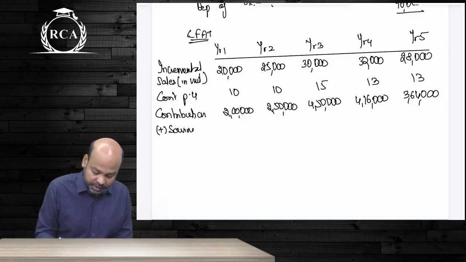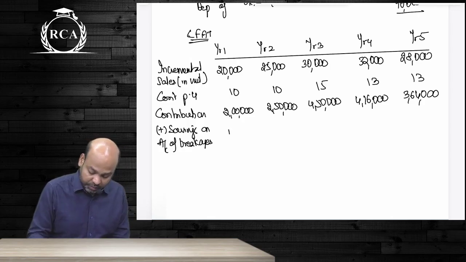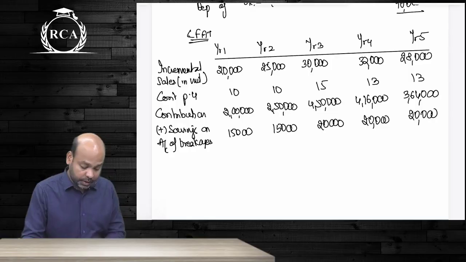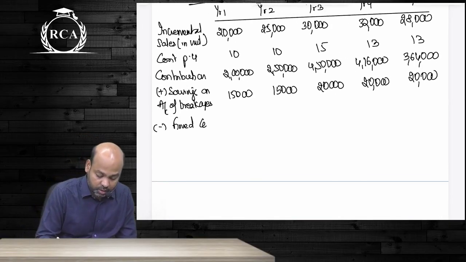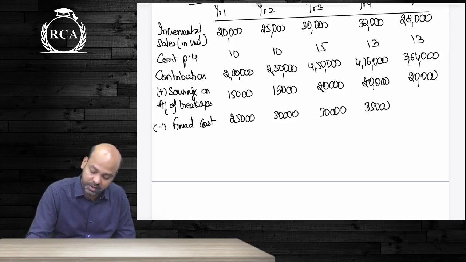Add savings, guys, on account of reduction, sorry, not breakages. How much is the amount of savings, guys? 15,000, 15,000, 20,000, 20,000 and 20,000. What is left to deduct from this, beta? Fixed cost and depreciation. 25,000, 30,000, 30,000, 35,000 and 35,000.